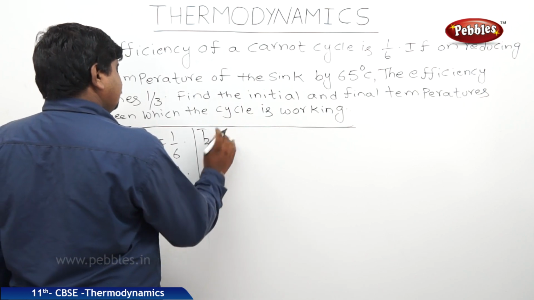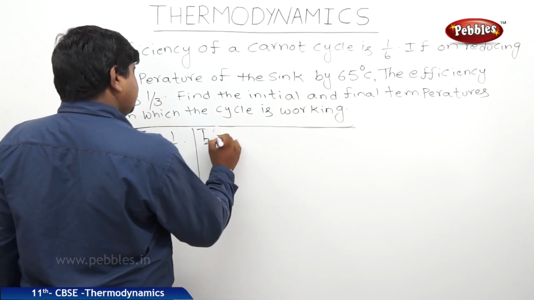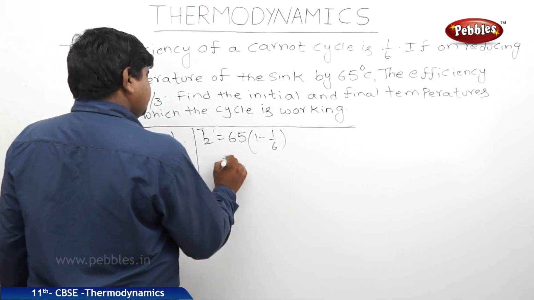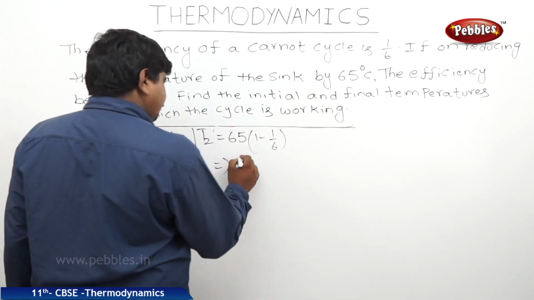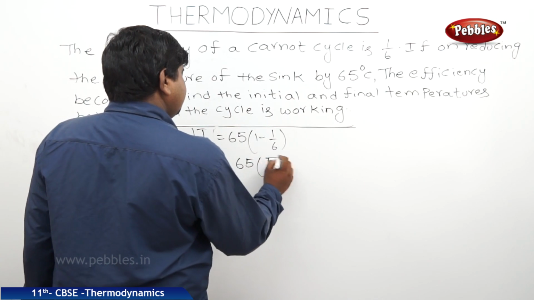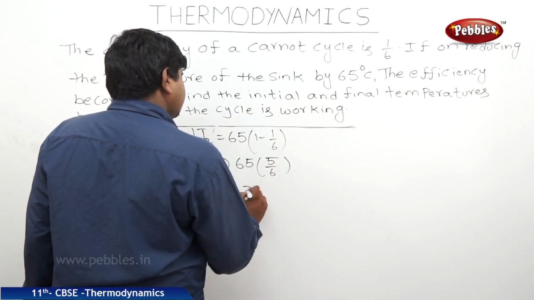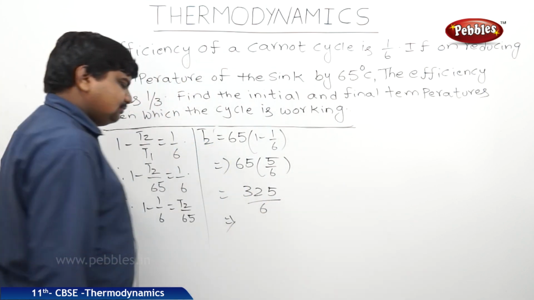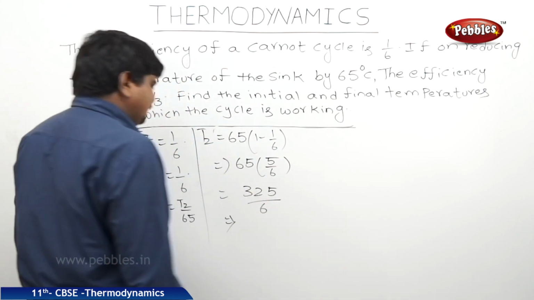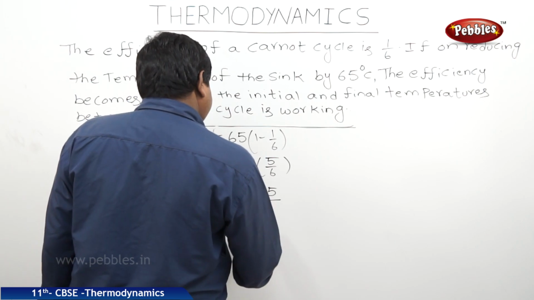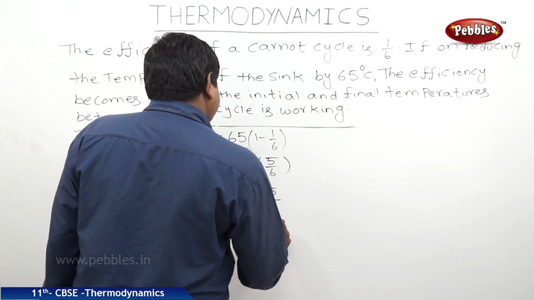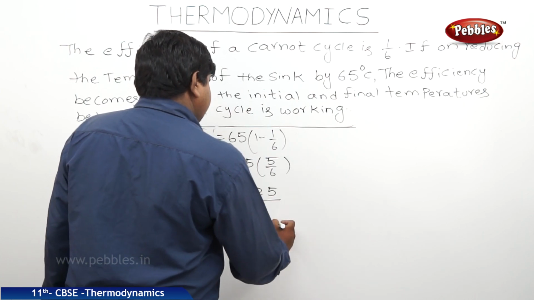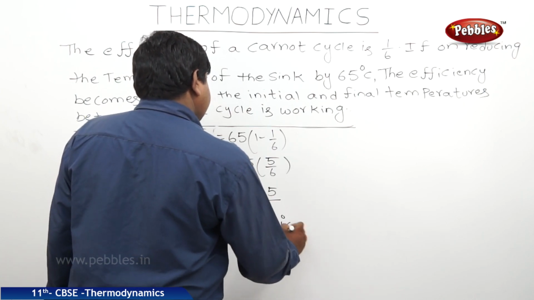T2 is equal to 65 into (1 minus 1 by 6). Therefore, 65 into 5 by 6. It is 325 by 6. Approximately, this will give 54 point 1, so 54.1 degrees Celsius.